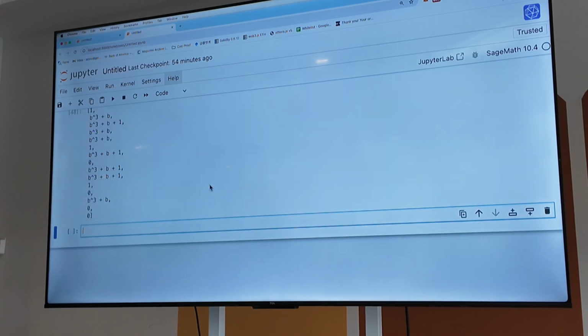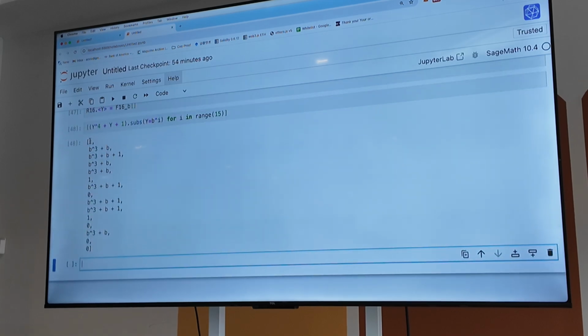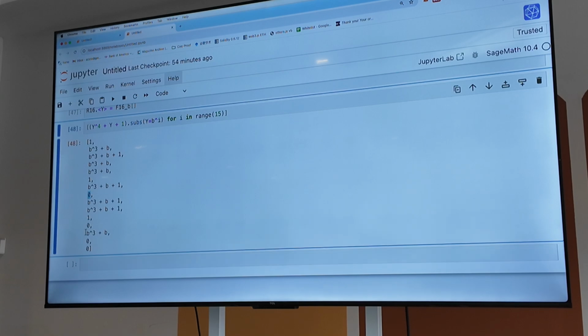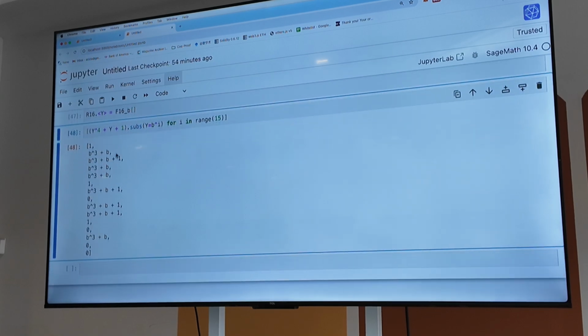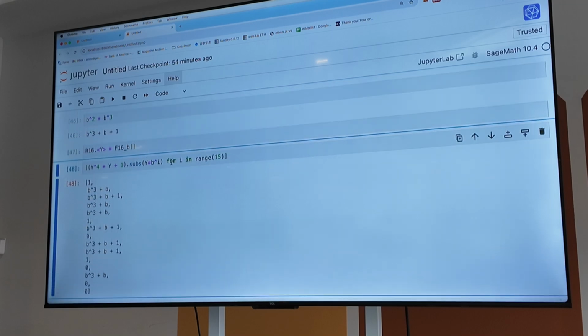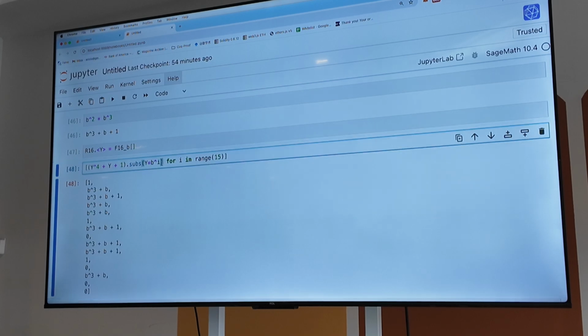Here is 0, and here is 0. Now we put them in a tuple here.